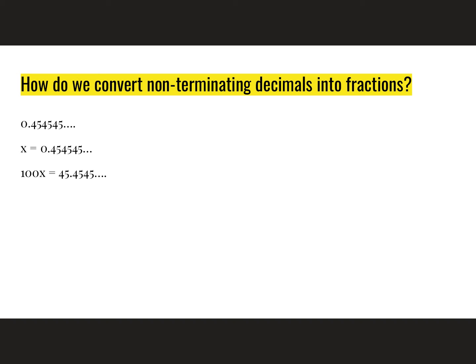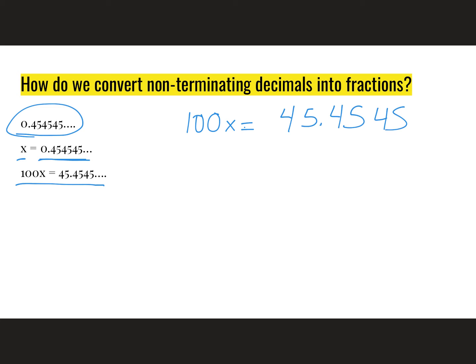So here I have 0.454545. I'm going to set x equal to 0.454545. 100x is going to be 45.4545. This time I have to move it two places so that my decimals line up. So 100x is 45.4545... and x is 0.4545... Notice these cancel, so that will go away.